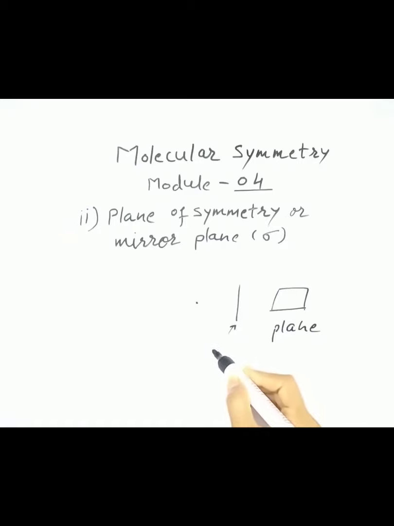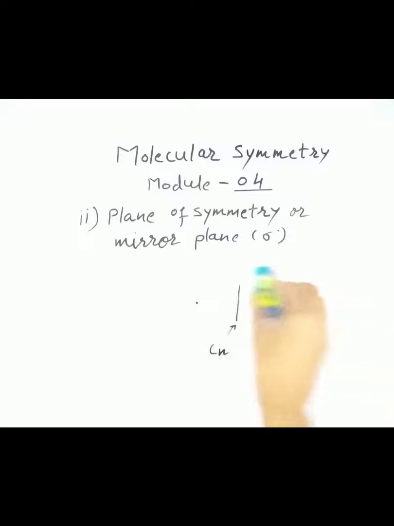The line we used while understanding the Cn principal axis. Now, to understand the plane of symmetry or mirror plane, we need to use this third parameter, that is the plane. What do you mean by plane of symmetry or mirror plane?